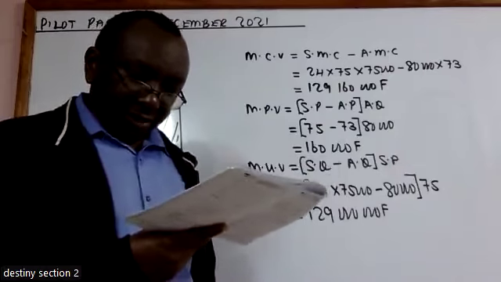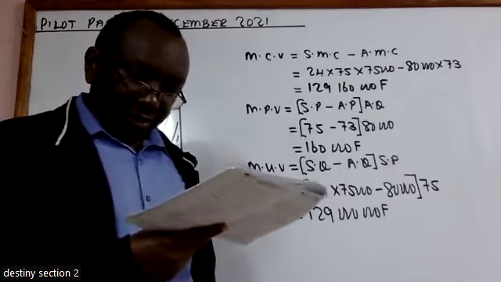Let's now create a column where X is multiplied by Y. 5 times 50 is 250. This should be 318. I want you to continue that way, then unitumie the total hapa.